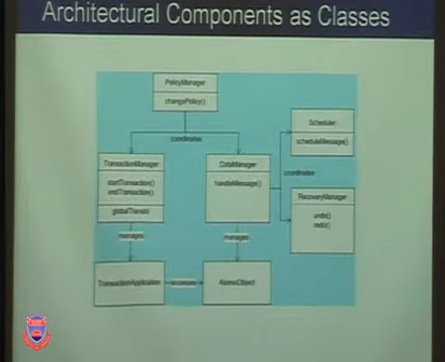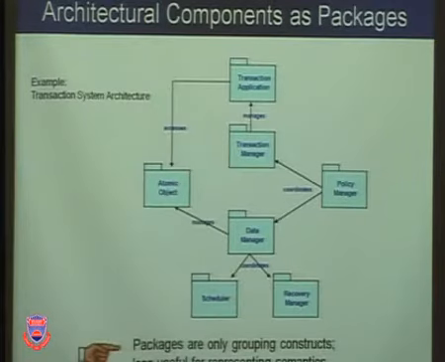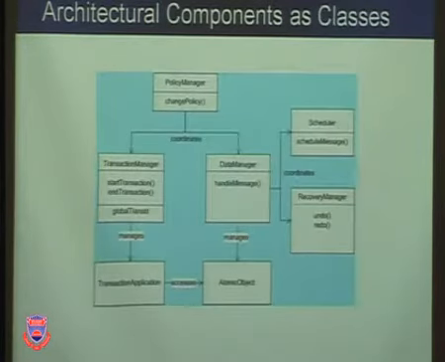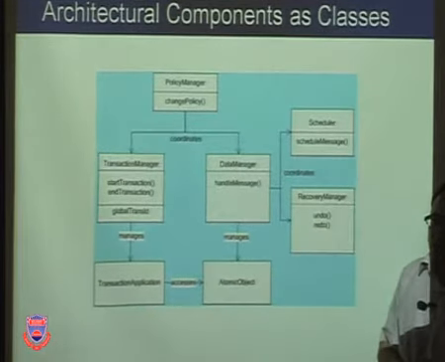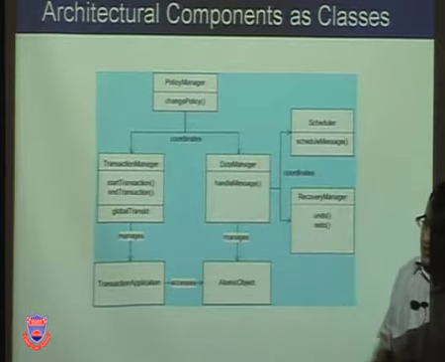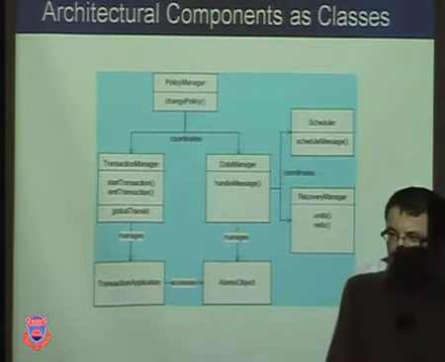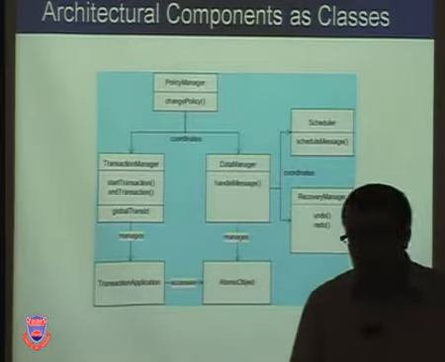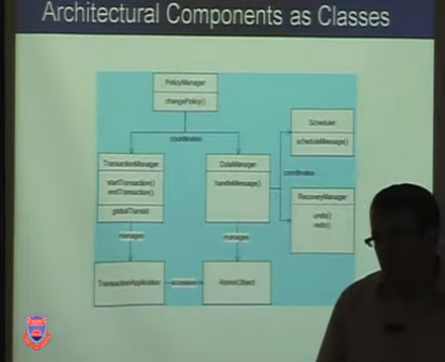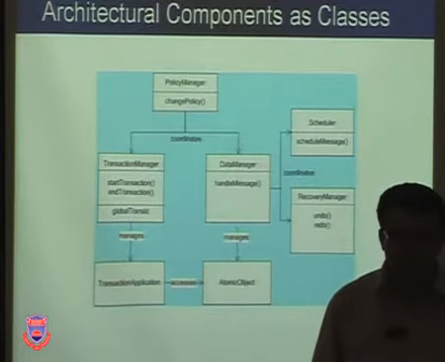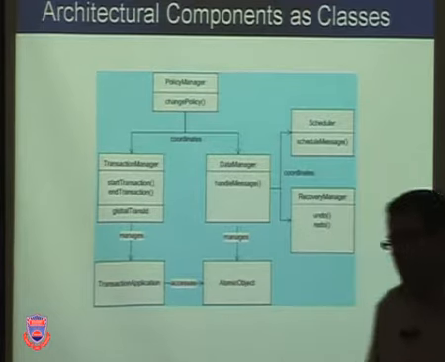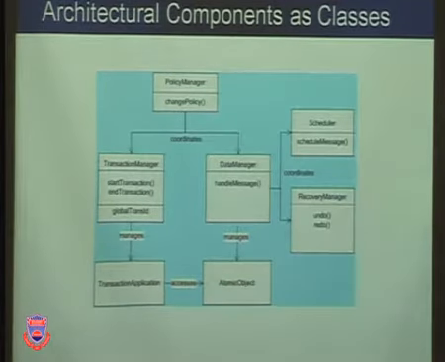What's the distinction between this and this? Well, we can add additional information. We said our architectural component is just a class. If we borrow the class element, we have the means to represent attributes and operations. So we can add additional semantics to the architectural components, which is not possible if we use packages, because packages are just grouping mechanisms.